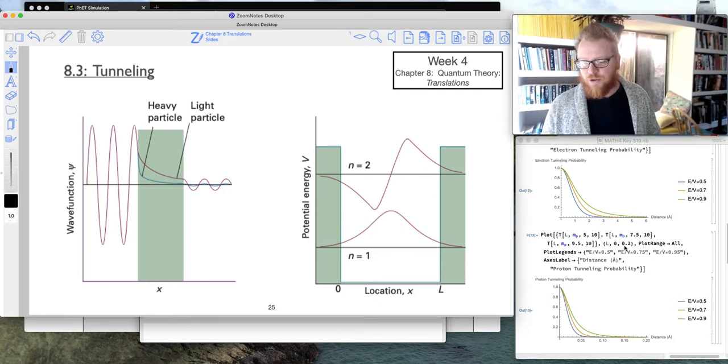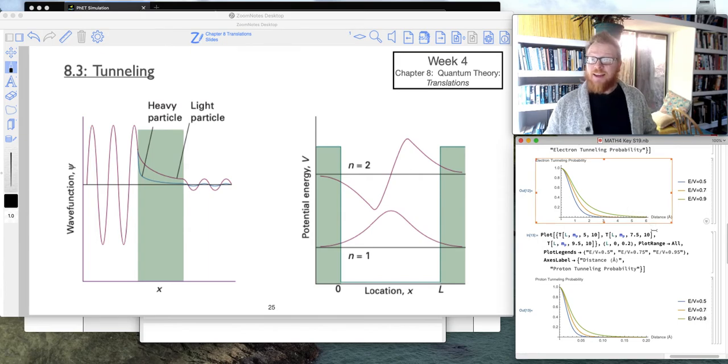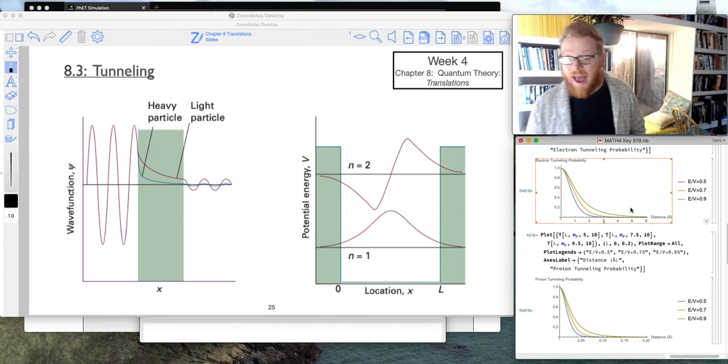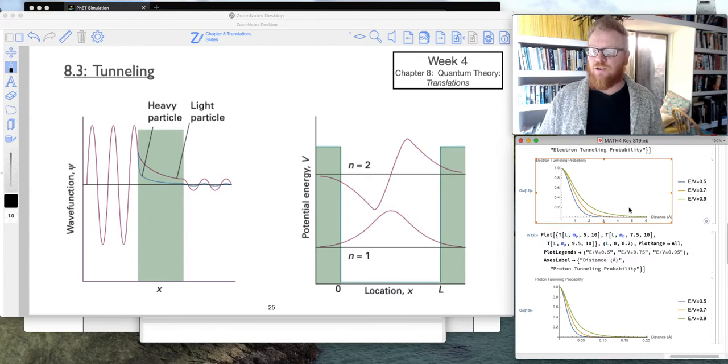And I'm just going to demonstrate this through the two graphs that I have. And we'll get into this more in our Friday discussion. But here, these are realistic calculations using electron mass. So this first graph, I actually used the electron mass, and I made the barrier 10 electron volts.